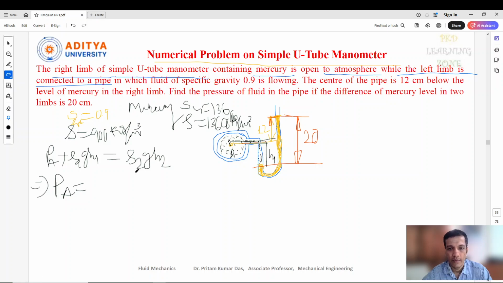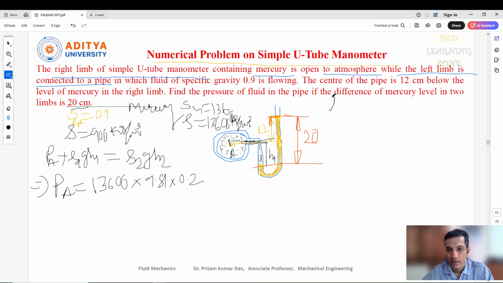Rho 2 is nothing but the heavy liquid density. So you can write 13,600 into 9.81 into H2. H2 is 20 centimeter, yeah, 20 centimeter H2 is given. Let's convert into meter, so 0.2 meter.